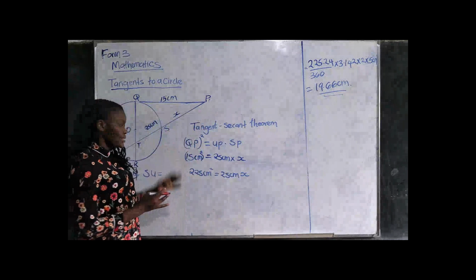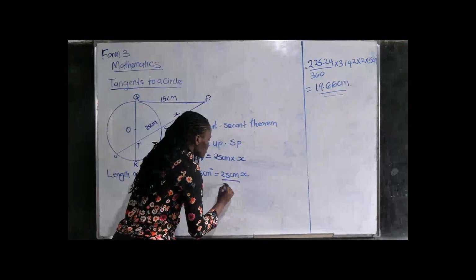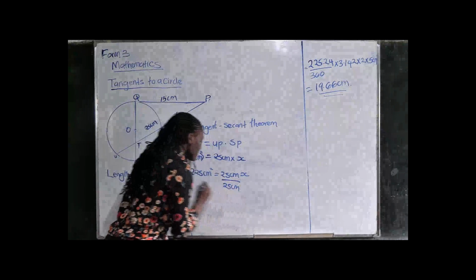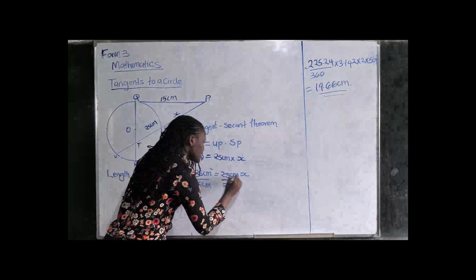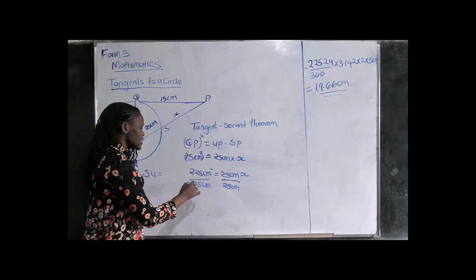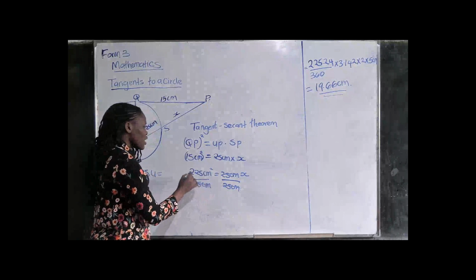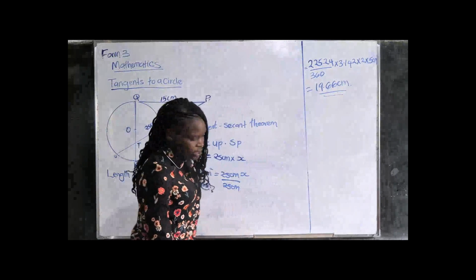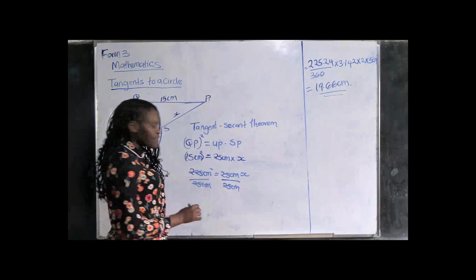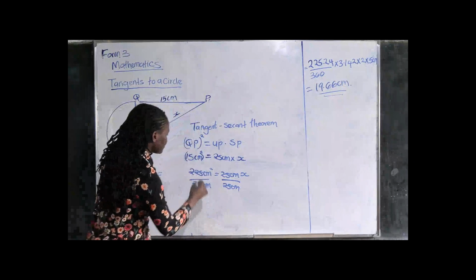That is what I want. I'll now divide both sides by 25 centimeter. These and these will cancel out. Now 25 goes into 225 how many times?